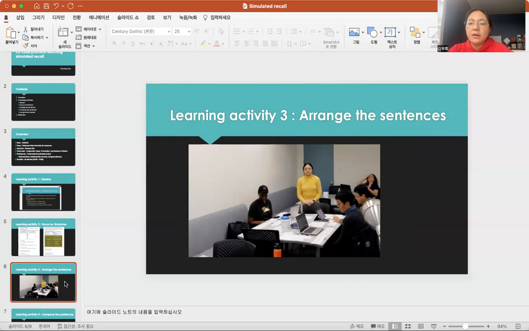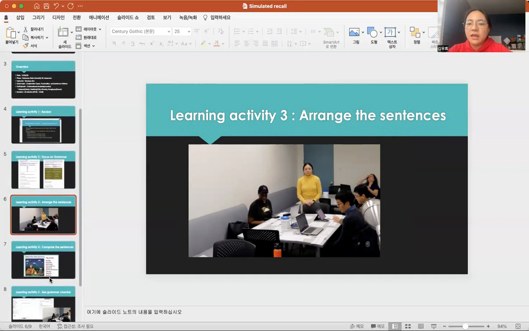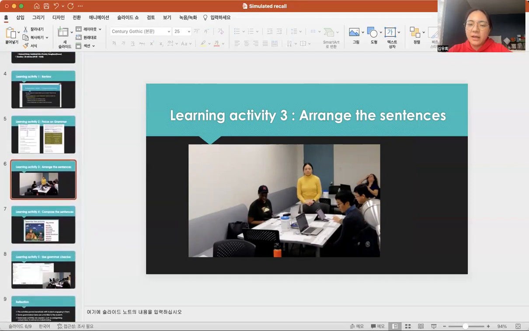So students arranged the sentences, and I wanted students to practice complex sentences, such as using commas and periods. By converting the sentences by themselves, they had a better idea of composing sentences, especially complex sentences.